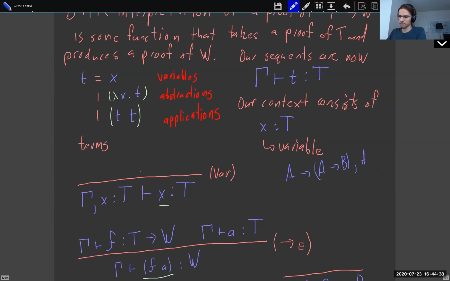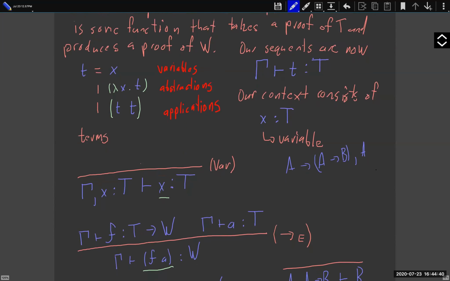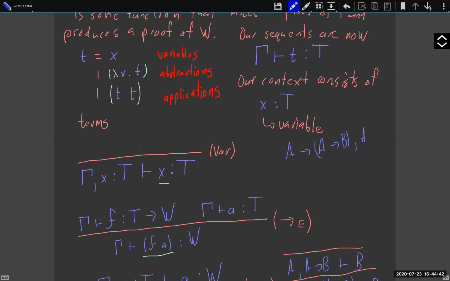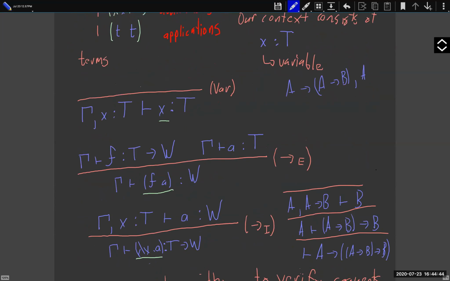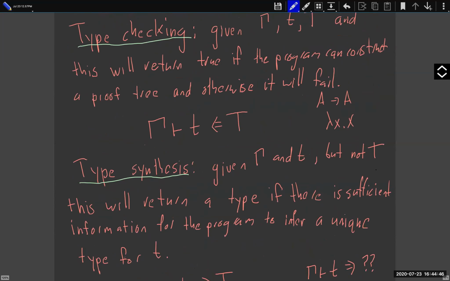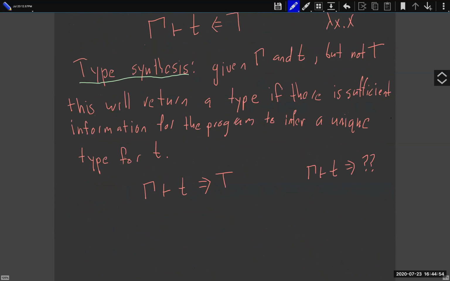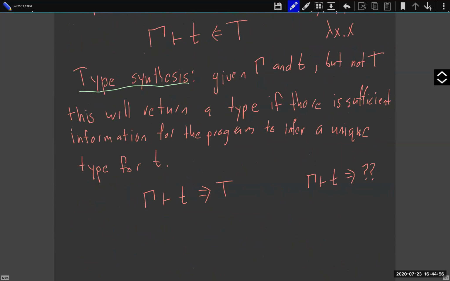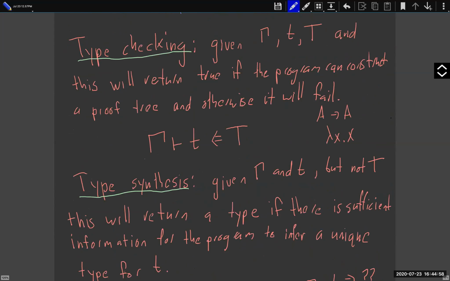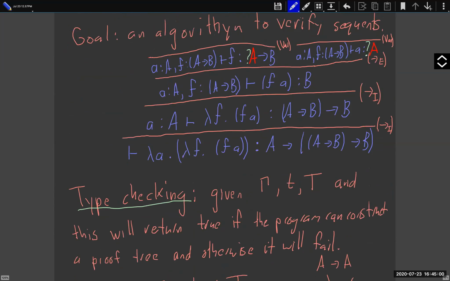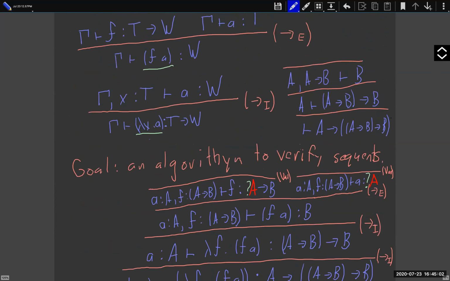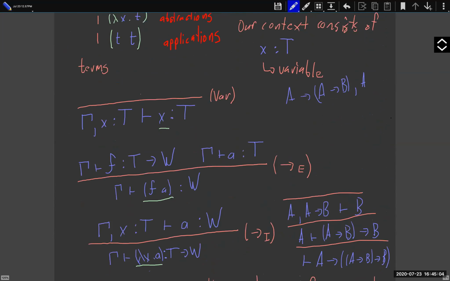So maybe I can repeat what you said in different words. The purpose of bidirectional type checking isn't to give a way to create proof trees. It is a way to explain the code which is doing this bidirectional thing, checking and synthesis in two separate functions.